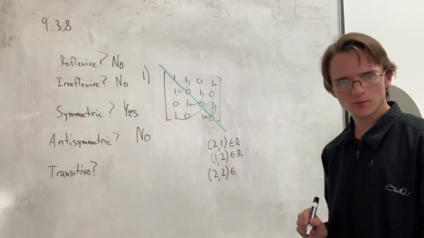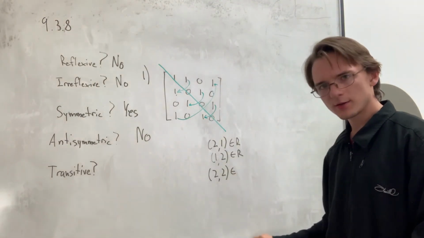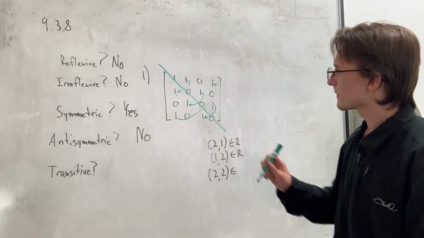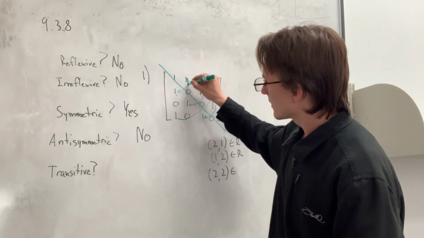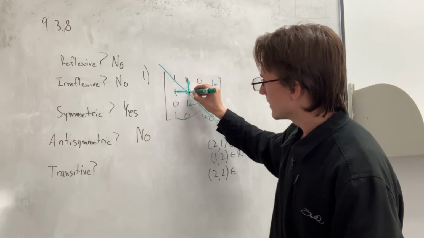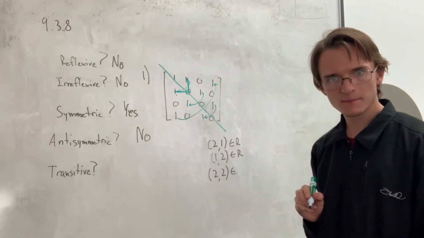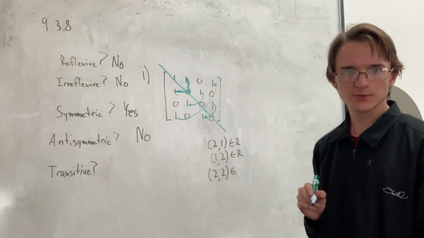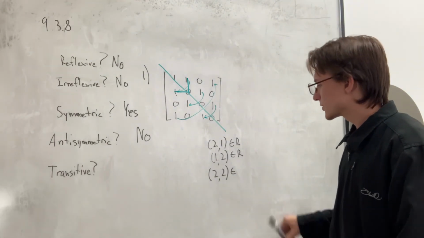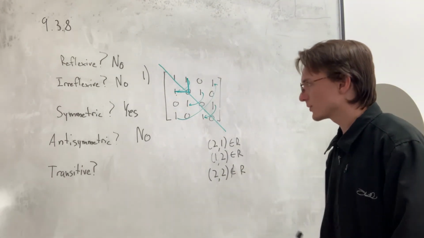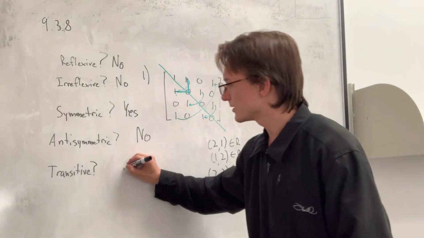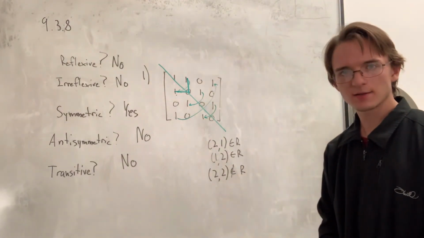Does this exist in the relationship? In other words, eyeballing the matrix, does this one and this one intersect at a 1? The answer is no. So this would not be in the relationship, and therefore it is not transitive.